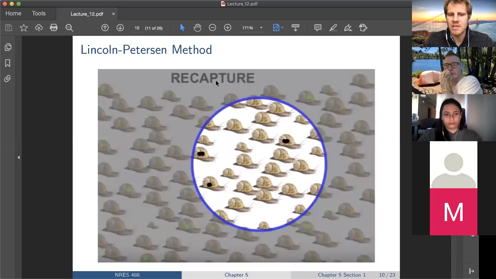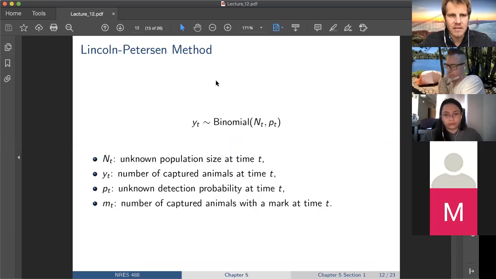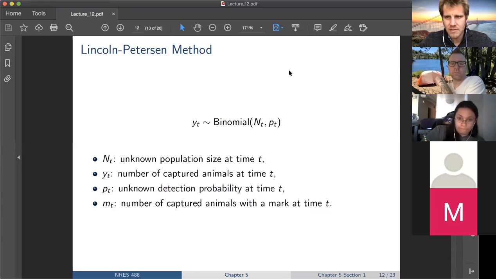Some of the snails had been previously captured, and some have never been captured. Then we count how many animals there are, including how many were already captured, and we can estimate 2 quantities, the abundance and the detection probability.